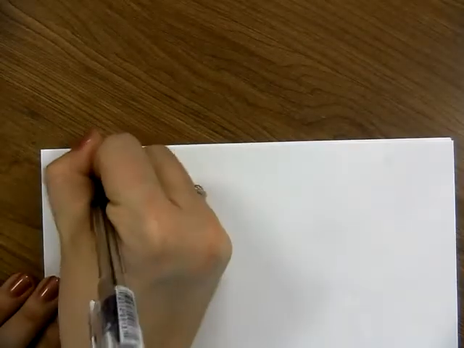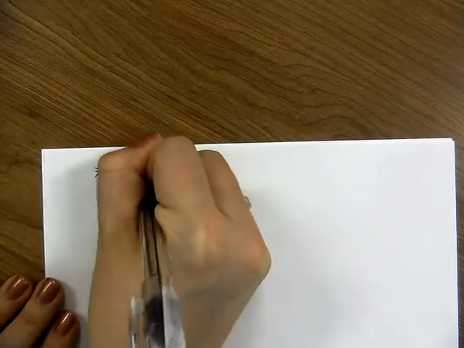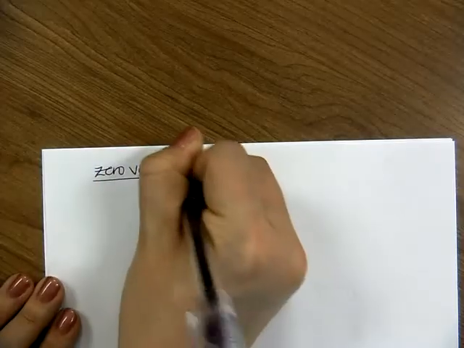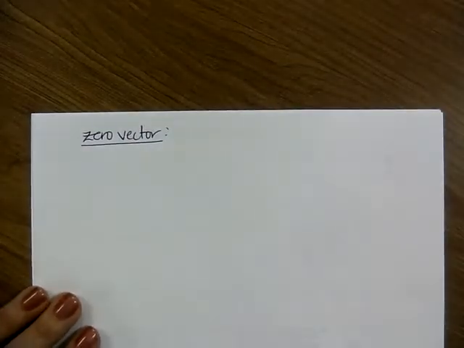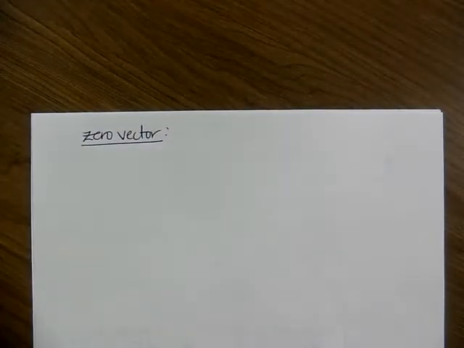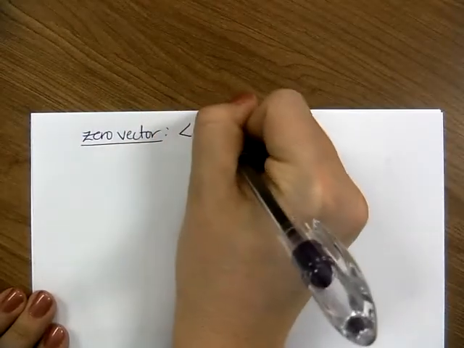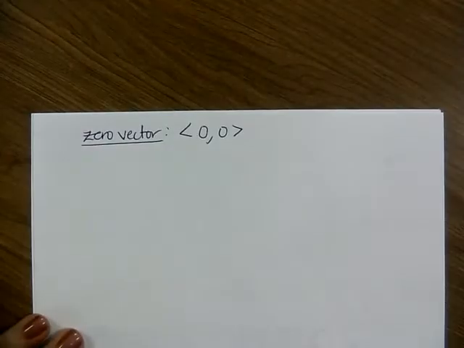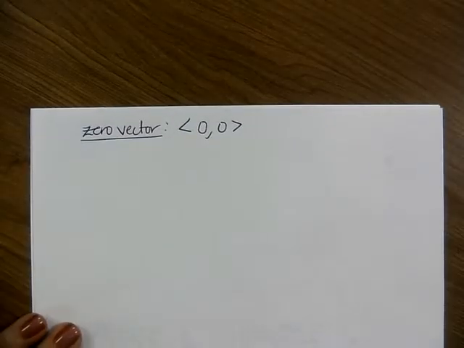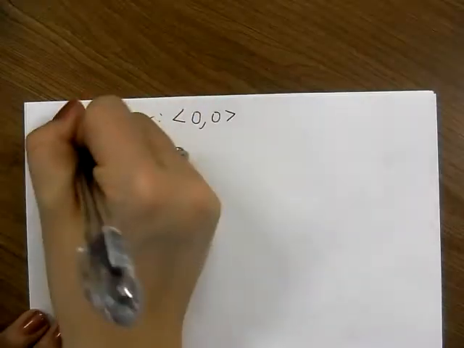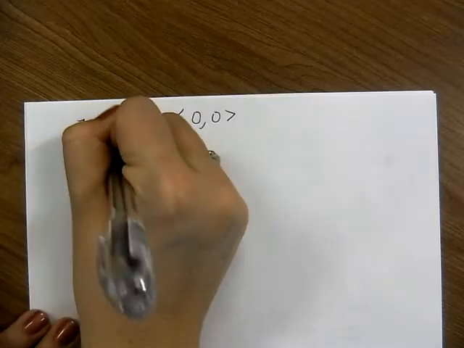So now let's define the zero vector. The zero vector is a vector that has no direction and no magnitude. So the zero vector just looks like this, 0, 0. Kind of makes sense. And then we come to the unit vector.